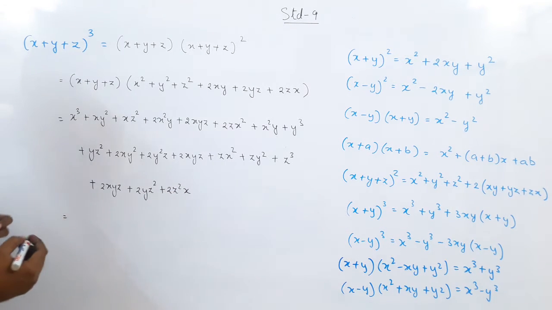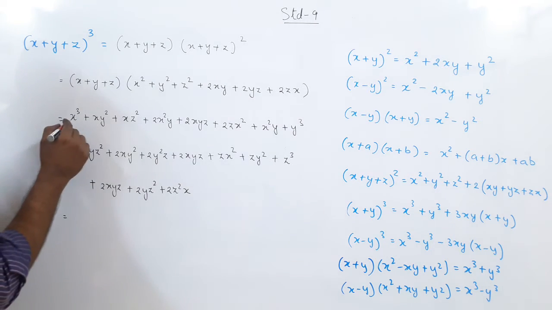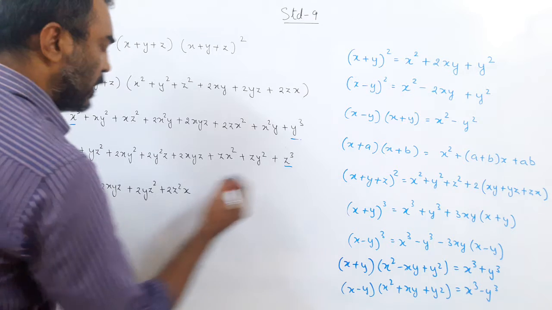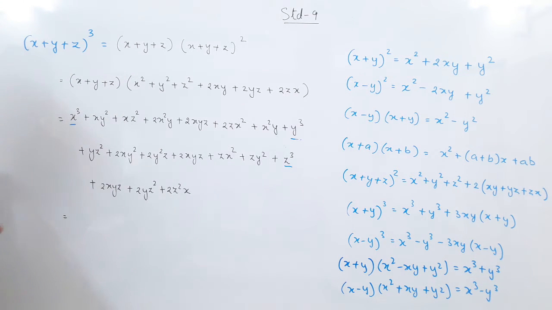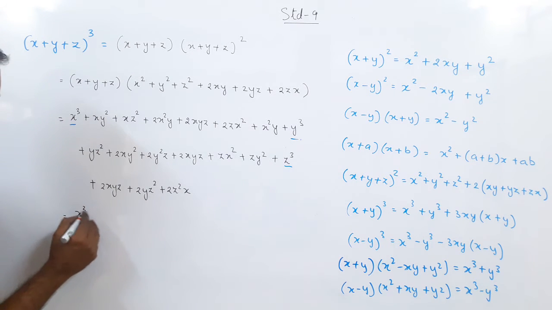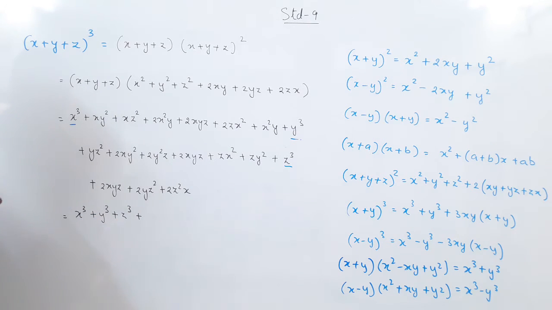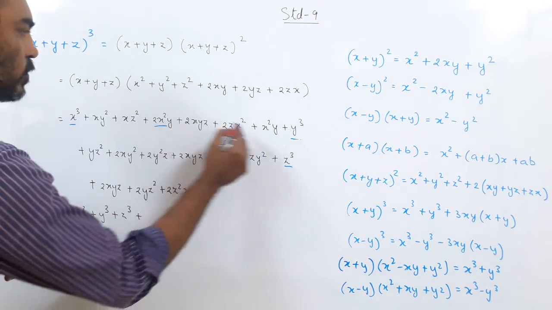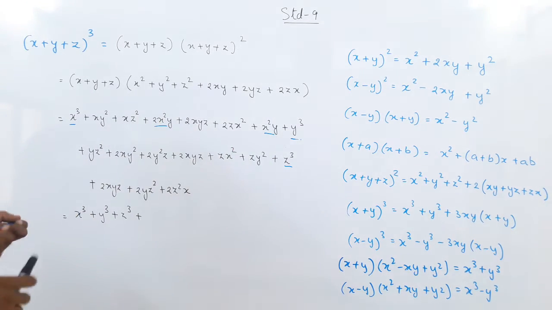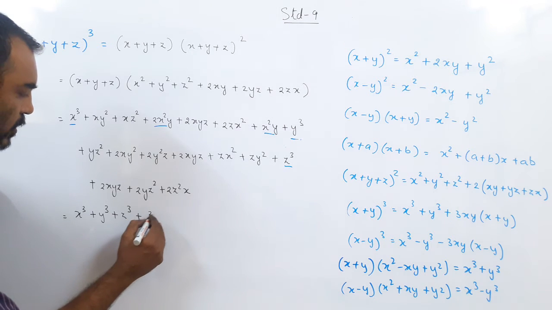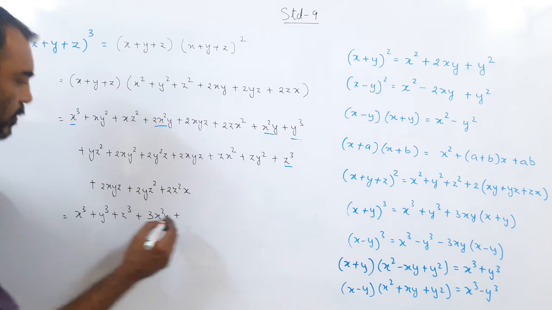So we'll start arranging them and just writing it down. We have got x³, y³, z³, which we will arrange first. So we'll get x³ + y³ + z³. Then what will go next? The x²y plus the x²y gives us 3x²y.